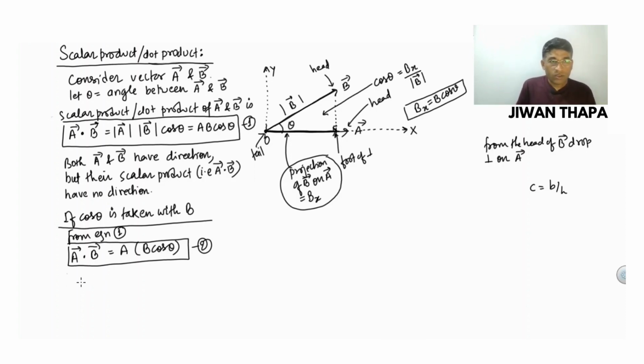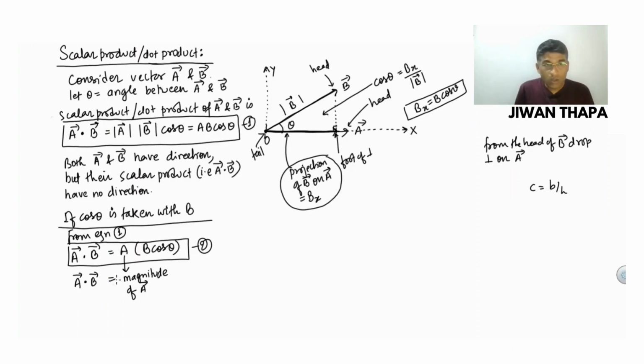So we can write vector A dot vector B equals, this is the magnitude of vector A. If you look into this expression, equation 1, we are taking vector A as the first vector.